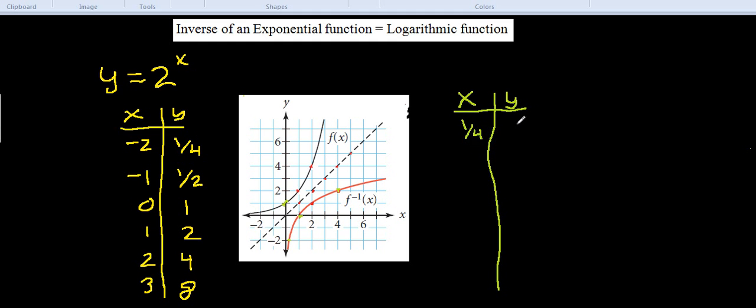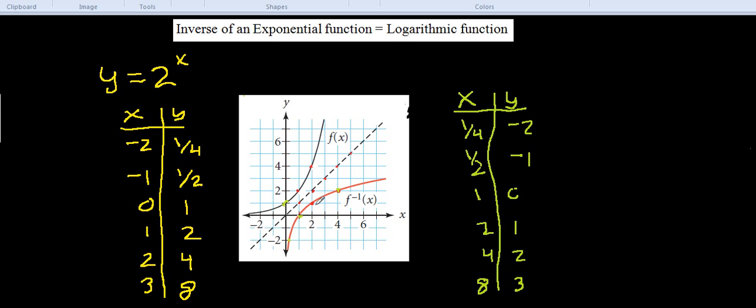So 1/4 would be negative 2. 1/2 would be negative 1. 1 is 0. 2, 1. 4, 2. And lastly, 8 would be 3.